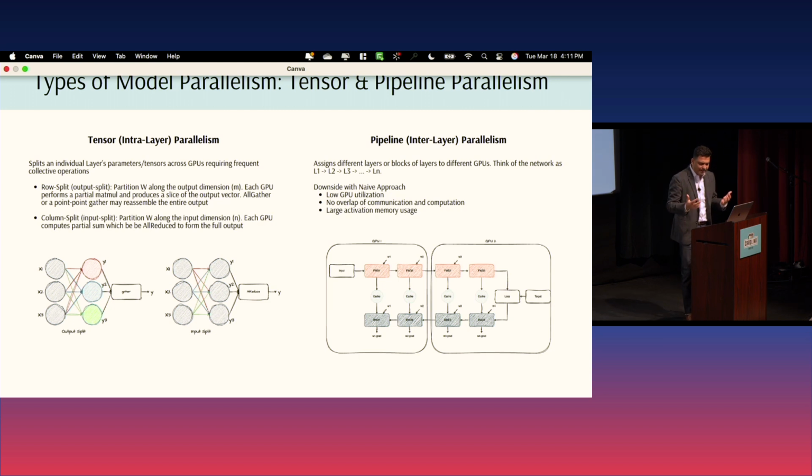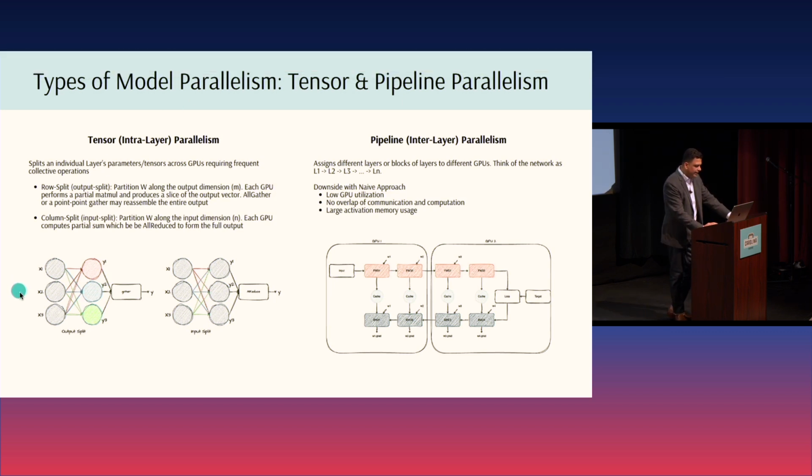There are essentially two types of it. One we call tensor parallelism. This is where you are not necessarily splitting different layers, but you're manipulating two types here. Either you are doing a row-wise split, or a column split, which is your input split, and then the row, which is an output split.